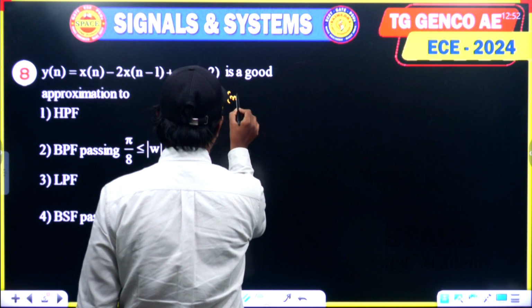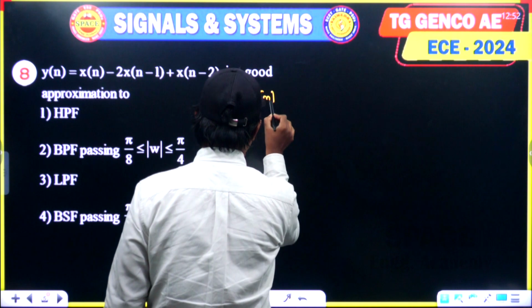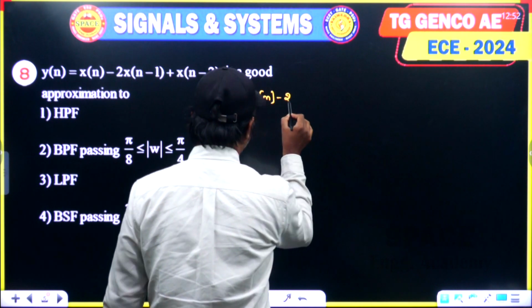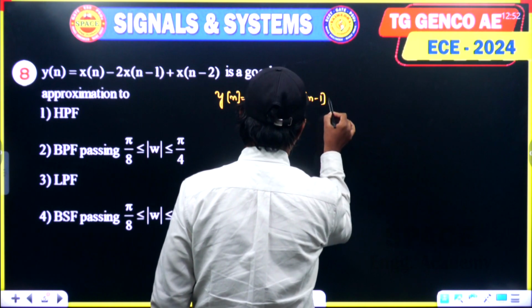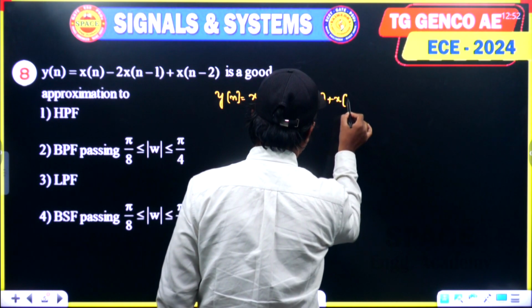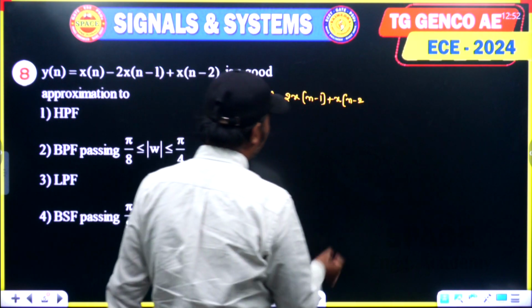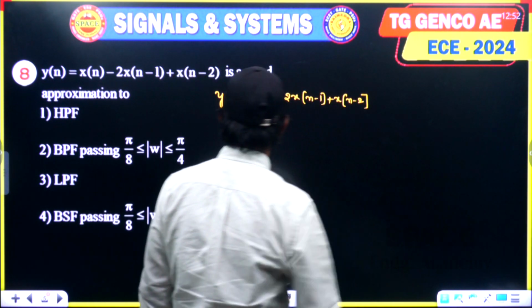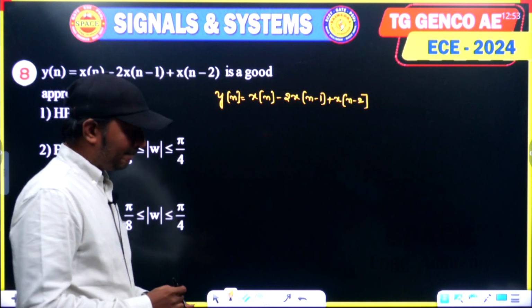See, this kind of equations are known as difference equations. y of n equal to x of n minus 2 x of (n minus 1) plus x of (n minus 2), right. Now, how to determine the type of filter?